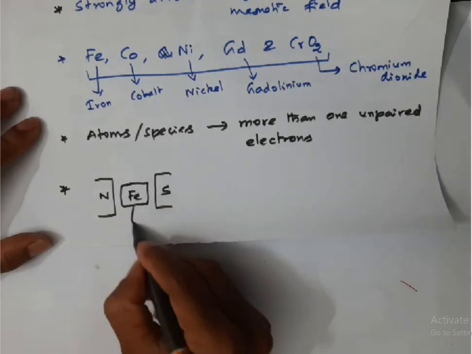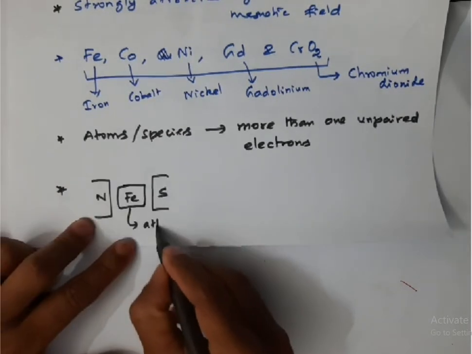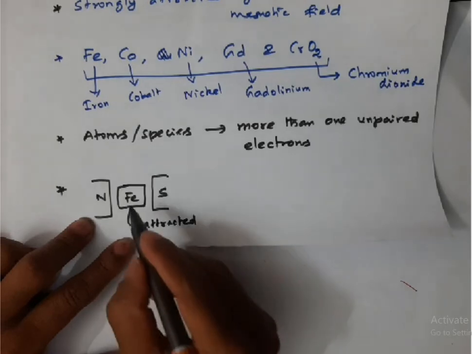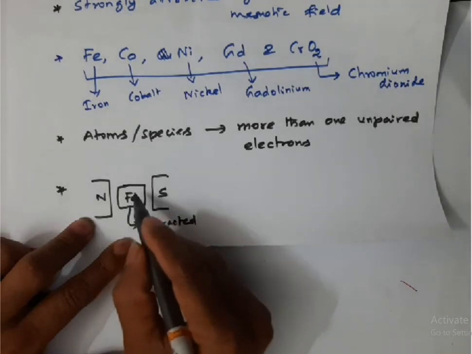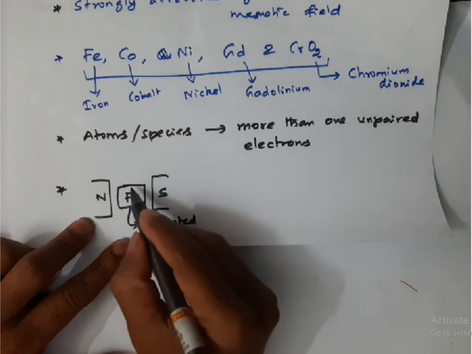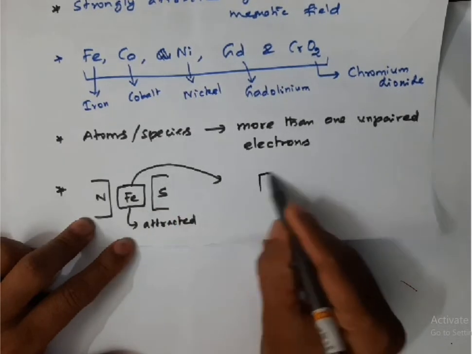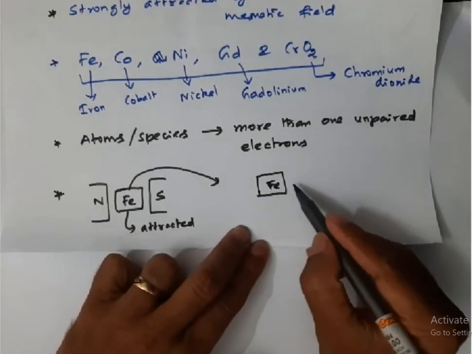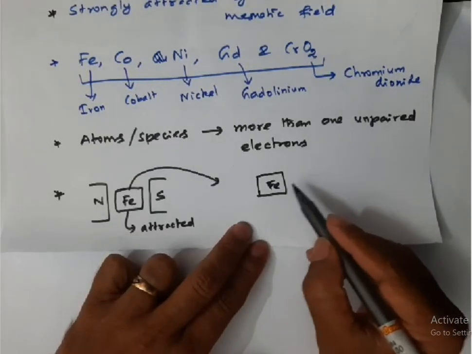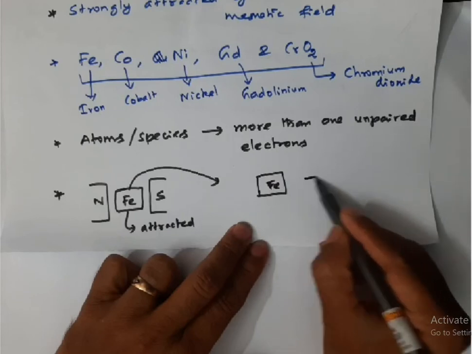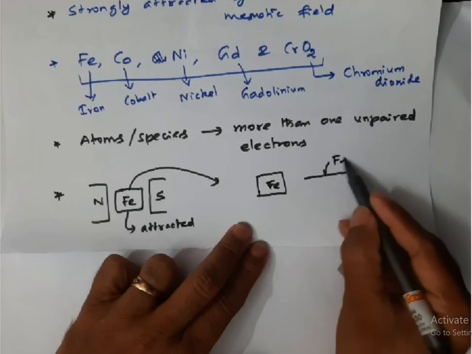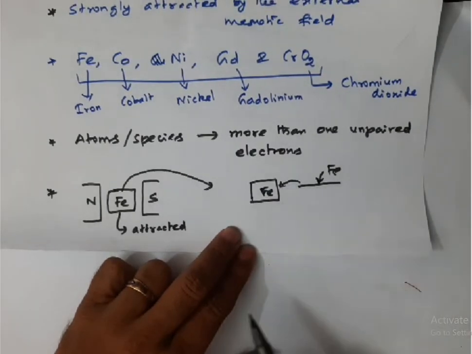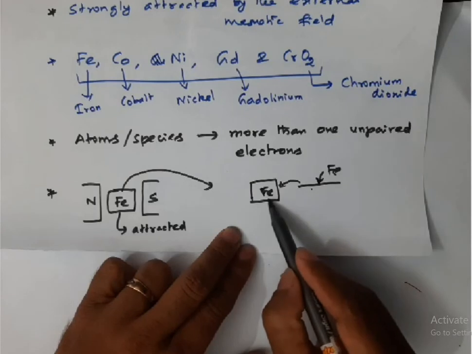It is strongly attracted, that we know. After keeping the solid for a few minutes in the magnetic field, then remove the solid. If you bring another iron rod or iron needle close to it, the needle also gets attracted by this iron.